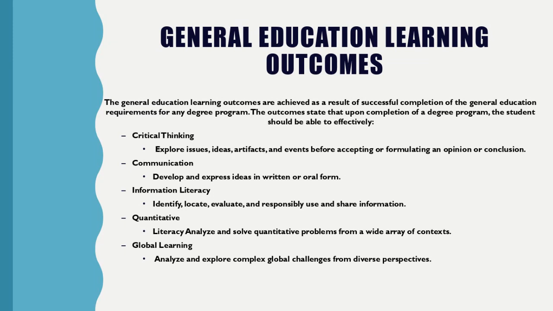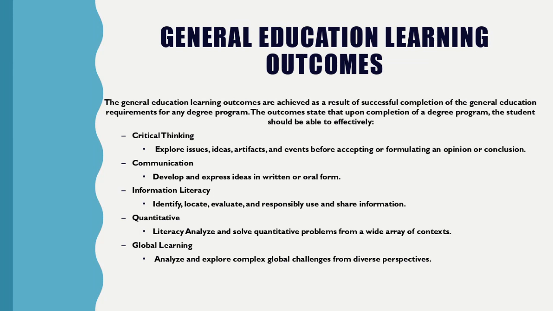When we look at global learning, that's our final category, and it's the ability to analyze and explore complex global challenges from diverse perspectives. So these are our 5 general education learning outcomes, and as a result, again, of anybody that completes a degree here, we're saying that Triton College graduates have the ability to effectively critically think, communicate.